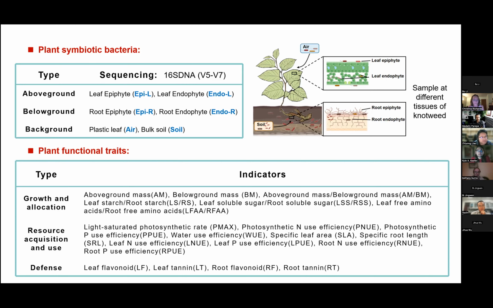Additionally, we focused on 20 plant functional traits related to growth, resource acquisition and use, and defense.